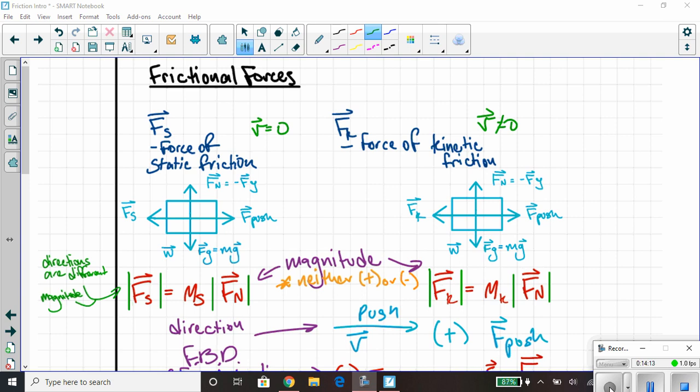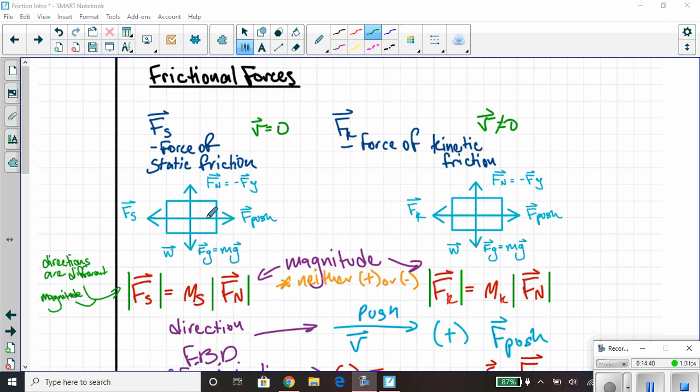So it's time to come up with equations that will help us calculate the amount of frictional forces we have when you have an object on a surface. So let's start with this one right here. Fs, the force of static friction. This occurs when the object is not moving, you're trying to start it moving. So imagine there's a book on a countertop and you're trying to push it.